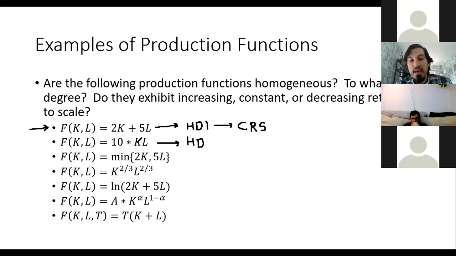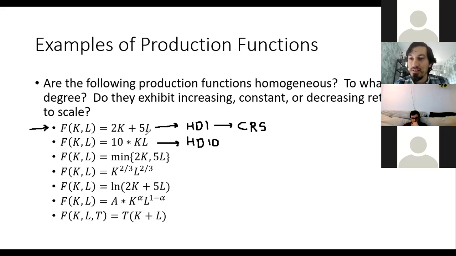If I were to double K and double L, what would happen to this expression? Would it get 2 to the 10 times bigger? That would need to happen if it was HD10. If something were HD10, that means if I were to double K and double L, the whole thing would get larger by a factor of 1024, because that's 2 to the 10th power.